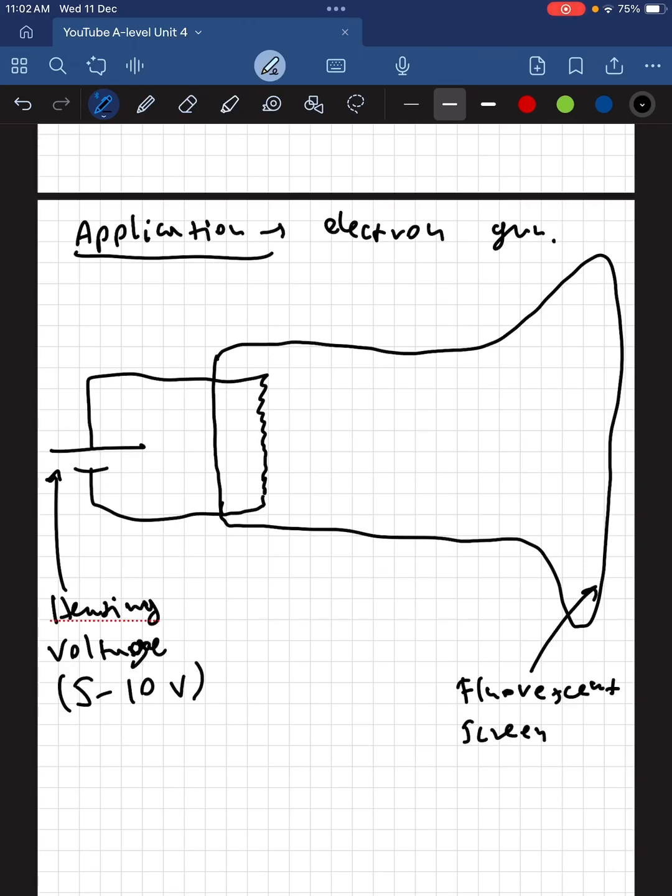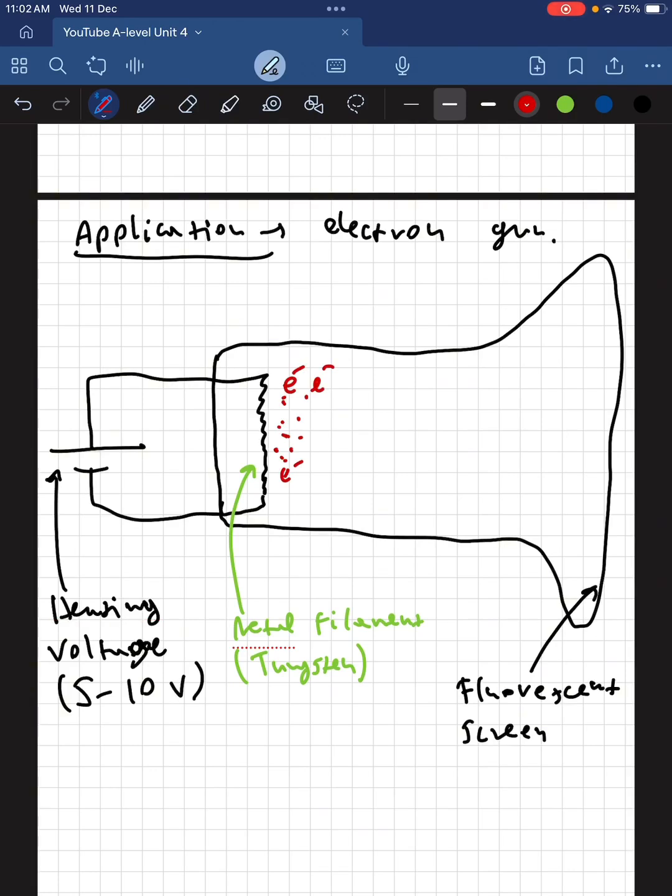Okay, so this voltage provides heat to this, let me use green, to this metal filament, which is usually tungsten. So this initial heating makes some electrons come out of the tungsten.